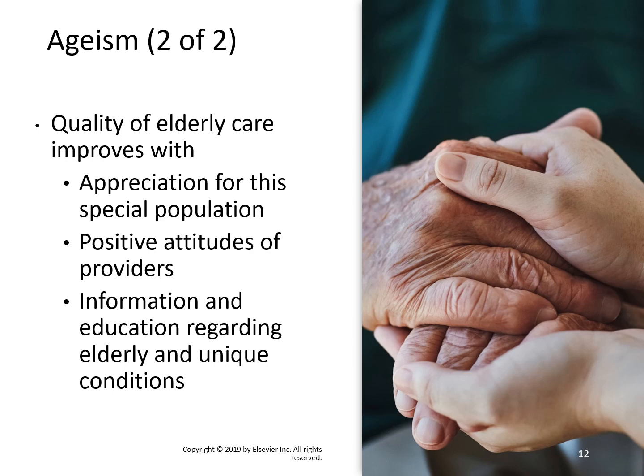Sometimes the elderly are going in needing information and education regarding elderly and unique conditions. And so sometimes the patient is in a new situation. Because when you get old, you hear jokes about it, but no one ever actually tells you what it's like. There's all sorts of strange things that start happening to your body. You start growing moles. You start growing hair where hair shouldn't grow.